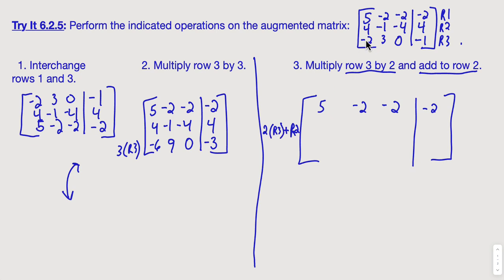2 times row 3. So -2 times 2, or 2 times -2. And then we're adding that to row 2, and our original element in row 2 is 4. So this would be plus 4.